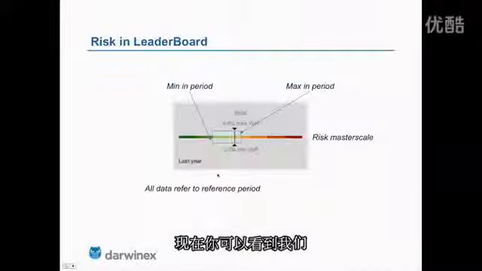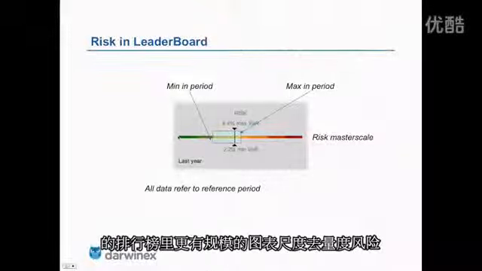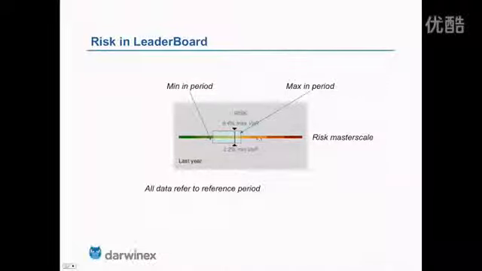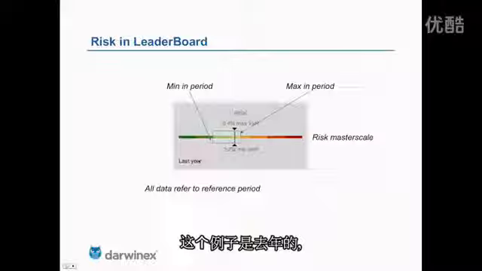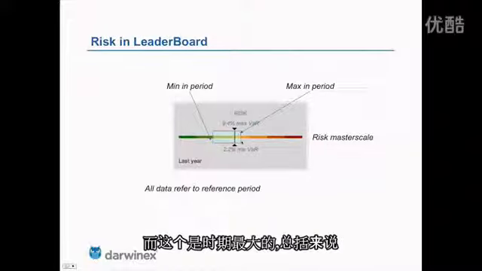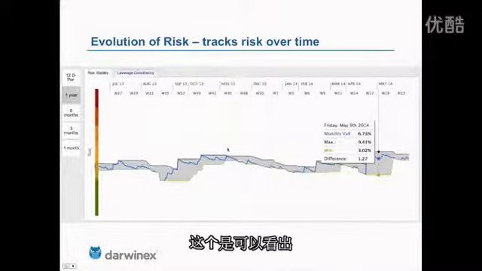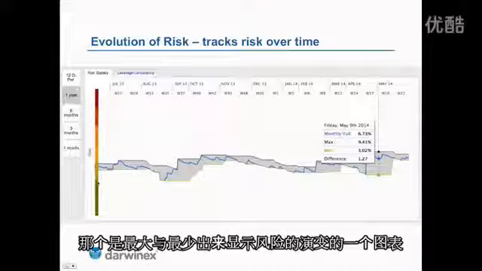Now, you'll also see that we have a risk master scale in the leaderboard, as you can see here, which has different colors. This window shows the fluctuation of value at risk for the particular strategy in the recent period, in this case the last year, where here is the minimum for the period and here is the maximum. So in other words, this is basically transposing the minimum and maximum observations that we see in the previous chart.